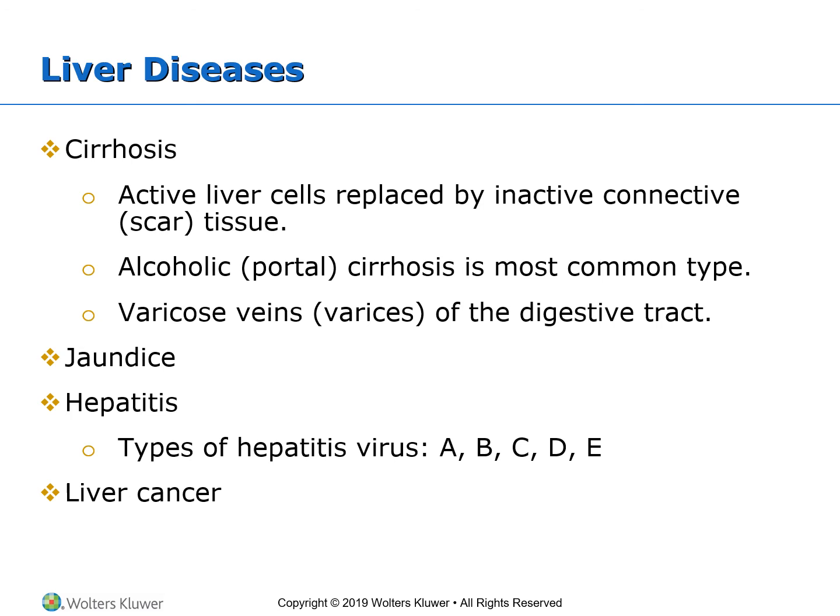Type A is typically transmitted in fecal matter and through contaminated food and water. We do vaccinate for hepatitis A and B. Hepatitis C usually needs an infection with hepatitis B in order to develop.